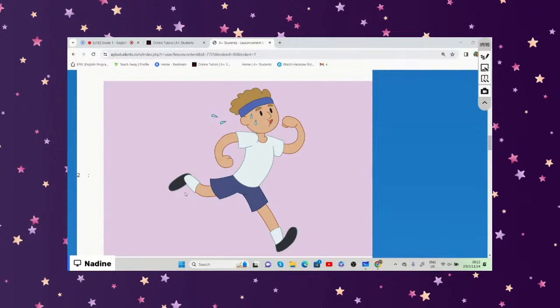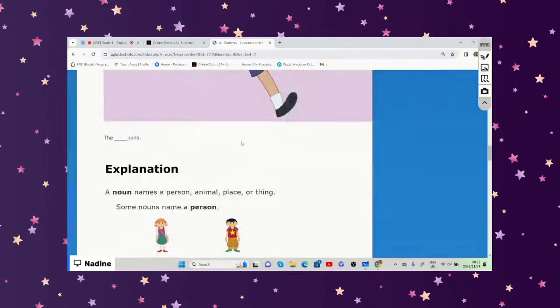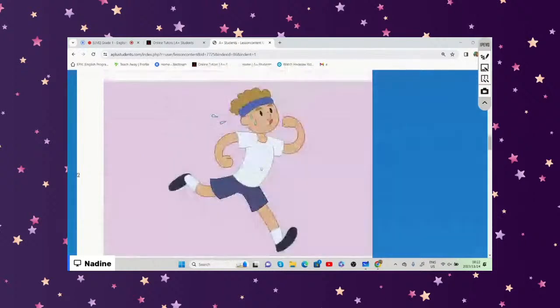So we basically see a boy in the picture and he's either running or jogging. Yes. So now they want to know who runs. So who runs?